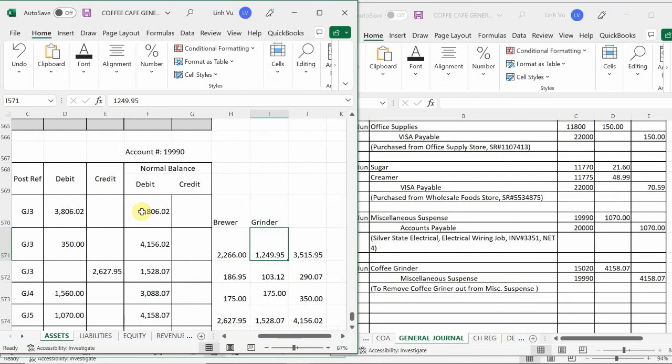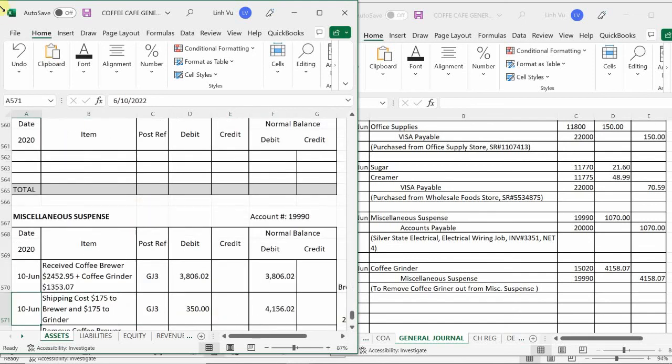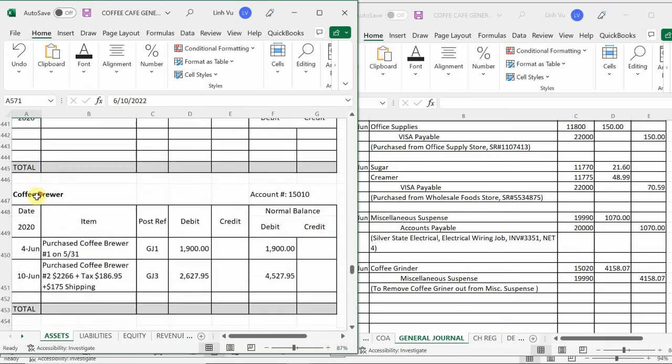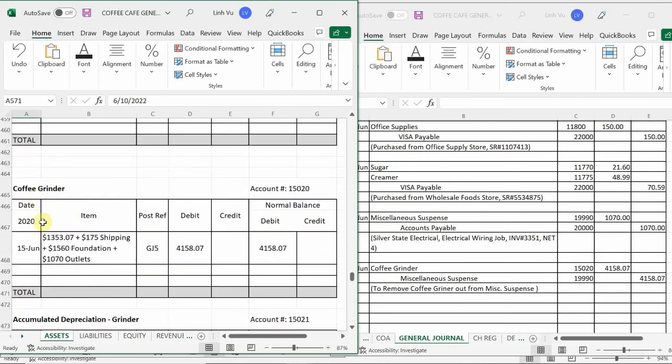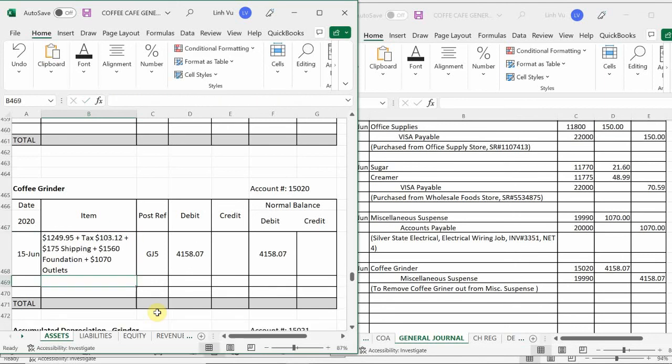So $1,249.95 plus tax, which was $103.12. There you go.